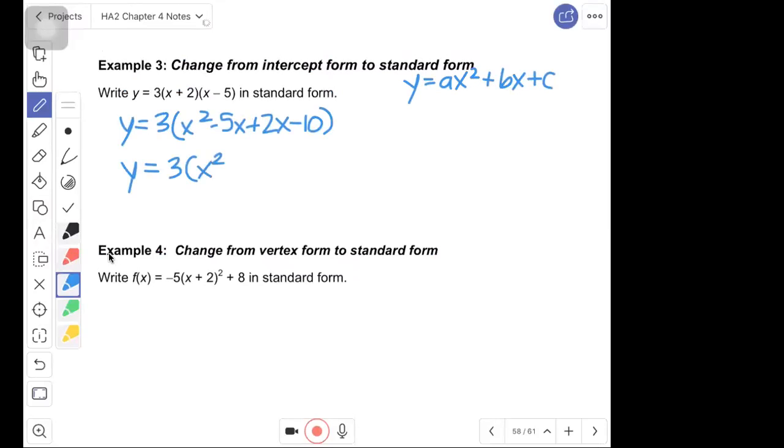Combining that -5x and 2x would give us -3x. And then we'd have to distribute that 3. And we have it in that form. So standard form is just everything multiplied out in that ax squared plus bx plus c form. So we just changed that equation from intercept form to standard form.